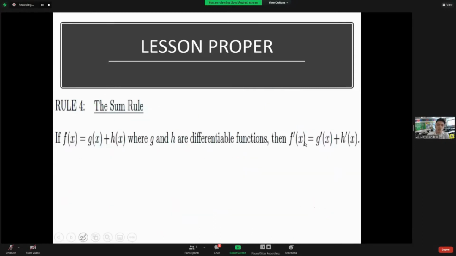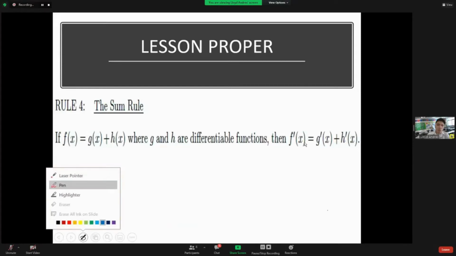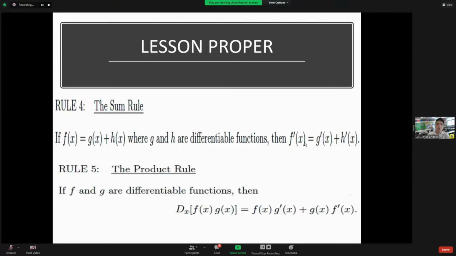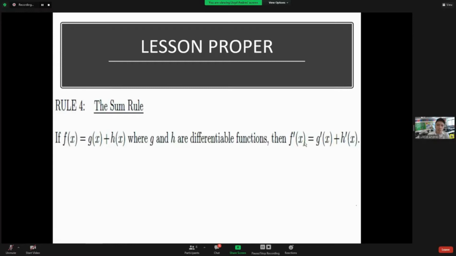Our sum rule states that if f of x is equivalent to g of x plus h of x, where g and h are differentiable functions, then the derivative of f of x is just equivalent to the derivative of g of x plus the derivative of h of x.